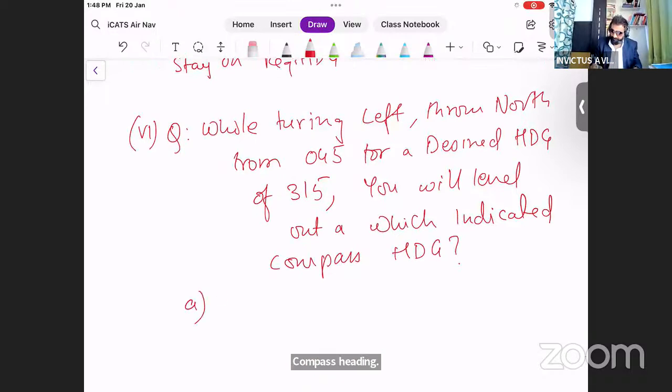Option A 335, option B 315, option C 295.